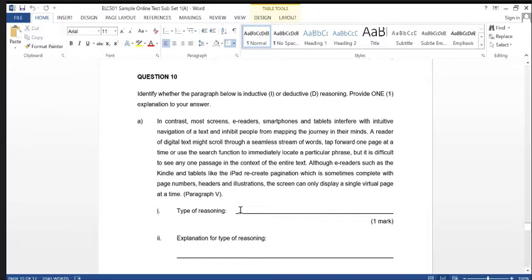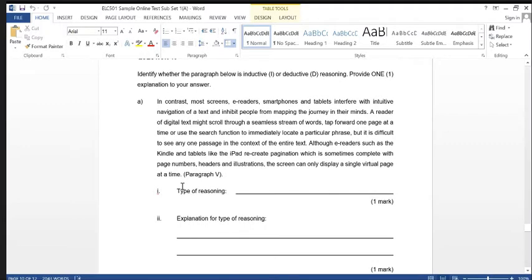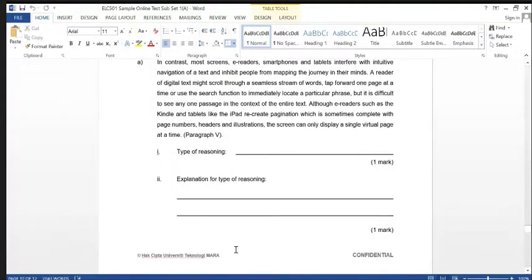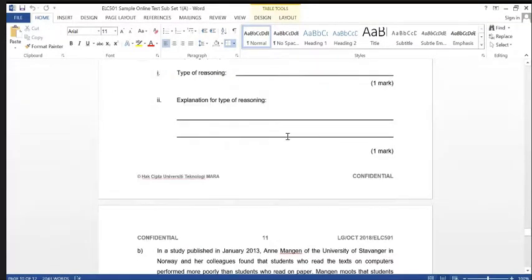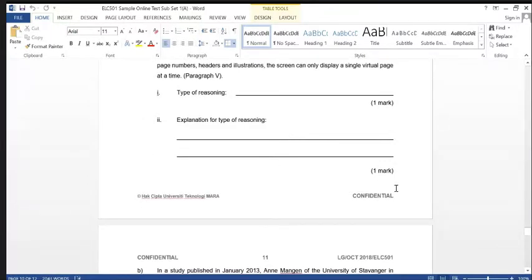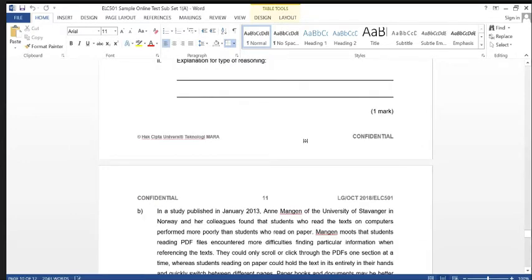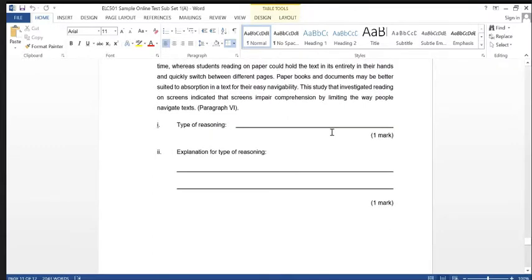We have learned about this in seminar 2. They ask for the type of reasoning, so you will answer either deductive or inductive. Then the explanation: whether or not you get the mark for explanation depends on whether your type of reasoning is right or wrong. If it's wrong, no marks are given here. So that's 4 marks from deductive versus inductive.